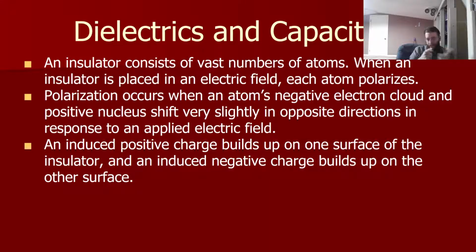And so what happens is, it says right here, the polarization occurs when the atom's negative electron cloud and positive nucleus shift very slightly. They're not really going anywhere, but they're just kind of shifting a little bit in response to that electric field, because they're trying to sort of align with it. And so what ends up happening is the negative charge from the insulator gets pulled closer to the positive plate, and the positive nucleus gets kind of pulled towards the negative plate.